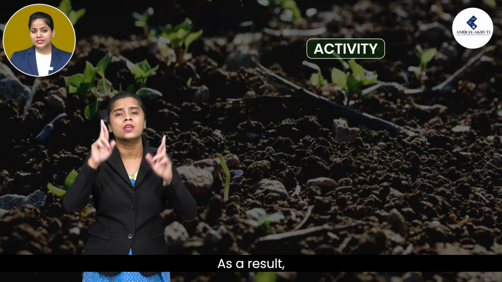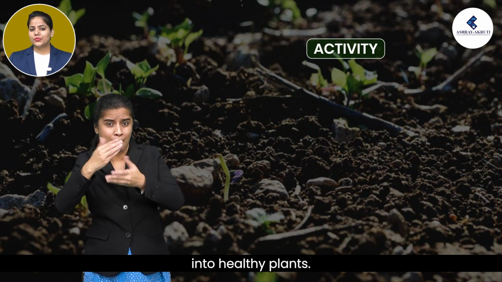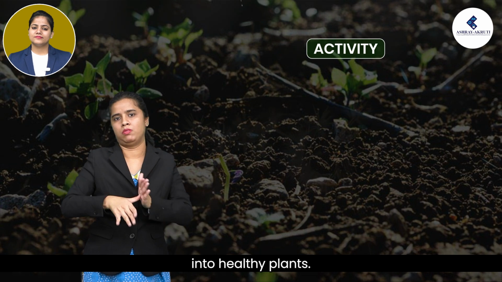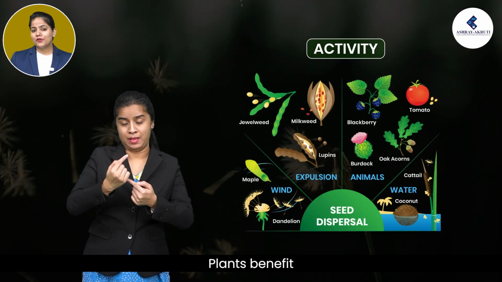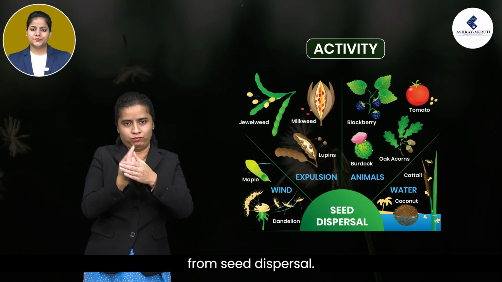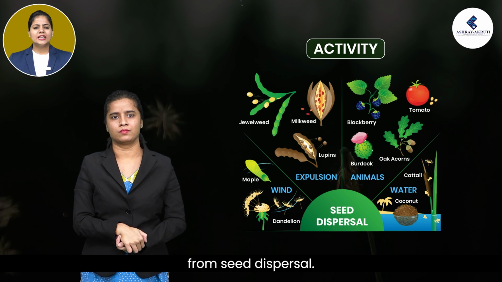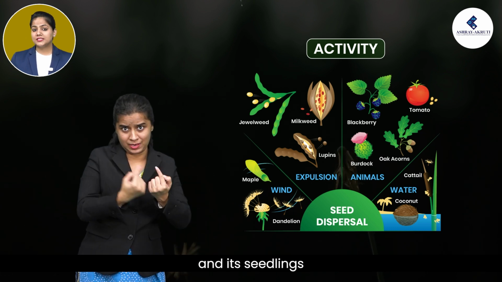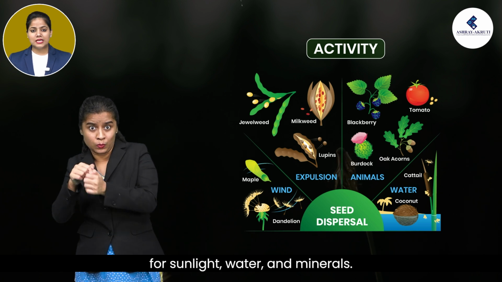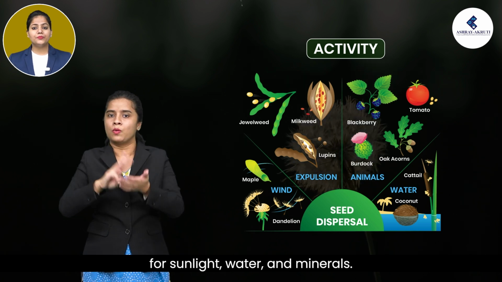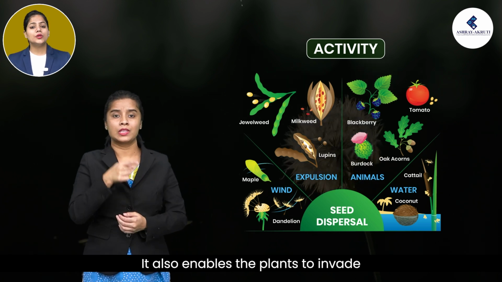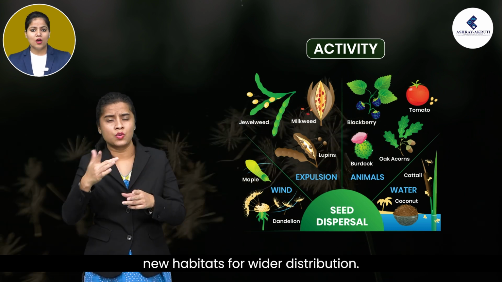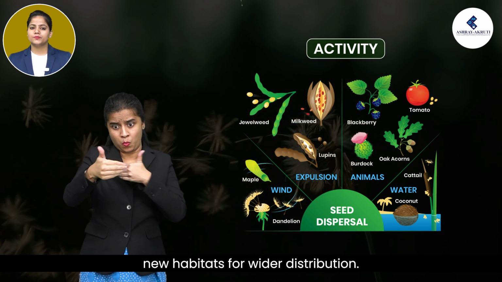As a result, the seeds would not grow into healthy plants. Plants benefit from seed dispersal. It prevents competition between the plant and its seedlings for sunlight, water, and minerals. It also enables the plants to invade new habitats for wider distribution.